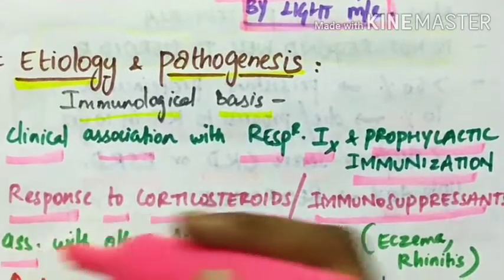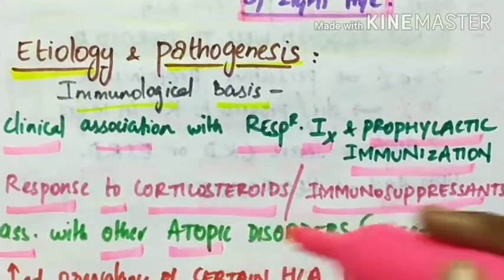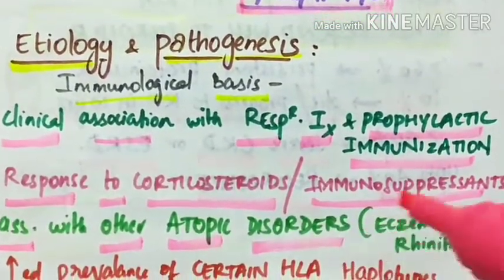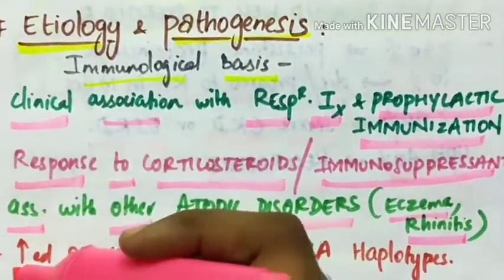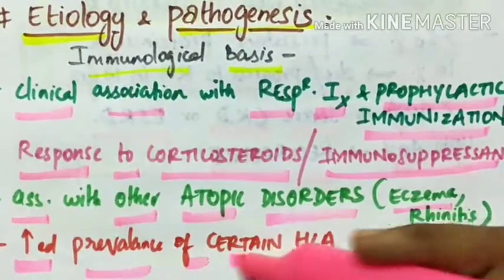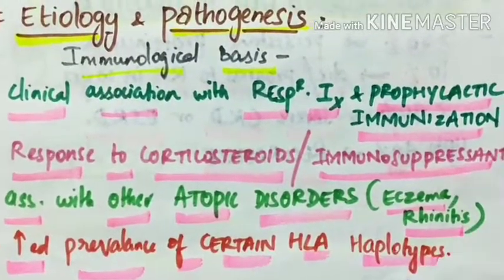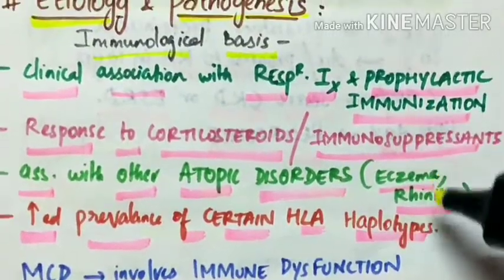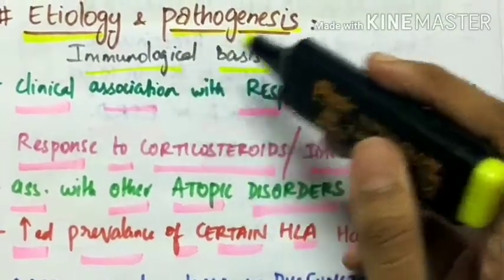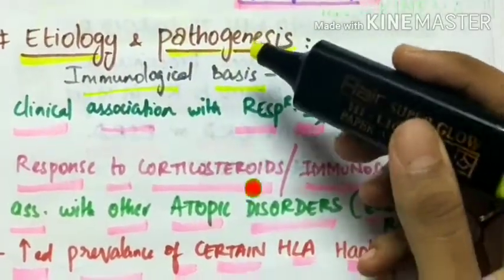Third, it is associated with other atopic disorders, that is allergic disorders like eczema and rhinitis. And fourth, it has increased prevalence of certain HLA haplotypes. So these favor an immunological basis of pathogenesis for MCD.